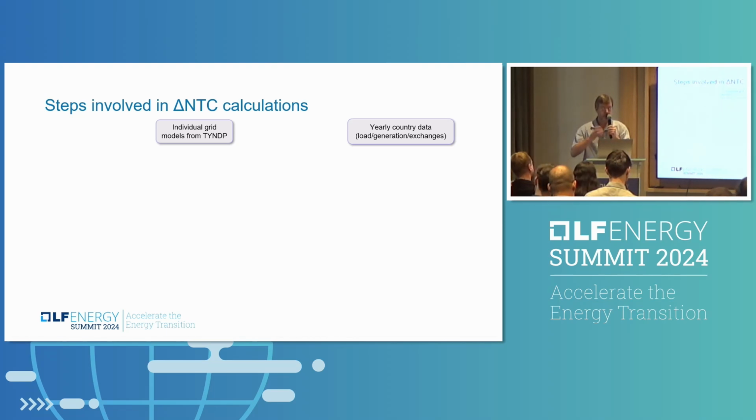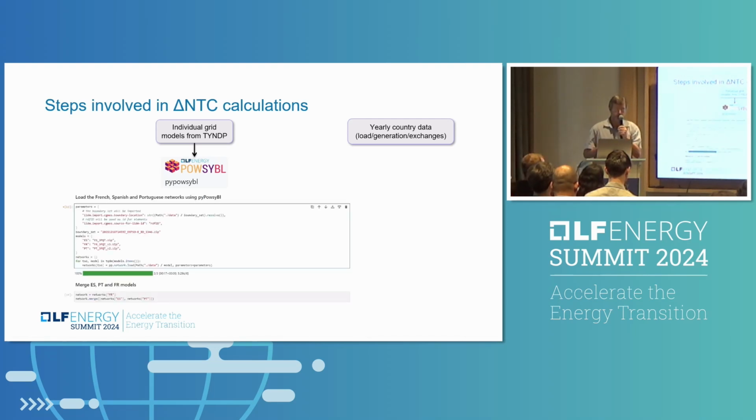This is yearly data, but on an hourly basis, so about 8,700 hours. With this data and the individual grid models, we will use PyPowSyBl to import these models and merge them. And just to show you how simple it is, in just a few lines of code, you import the model, load it into your workspace, and merge them.